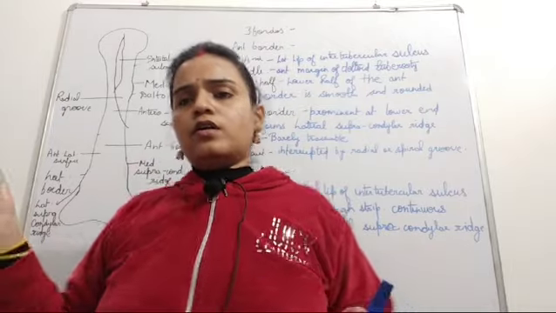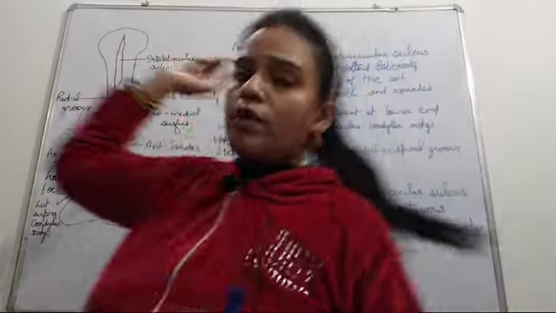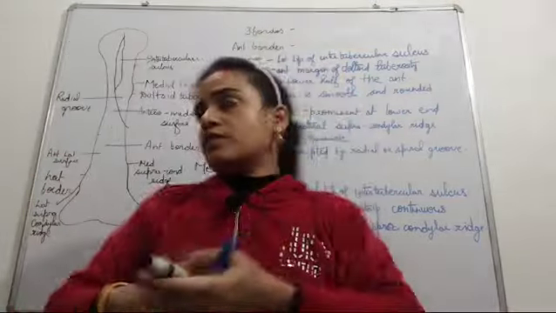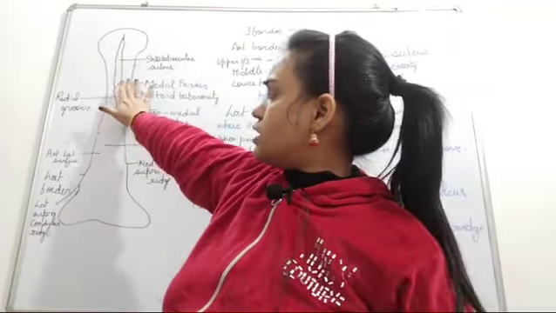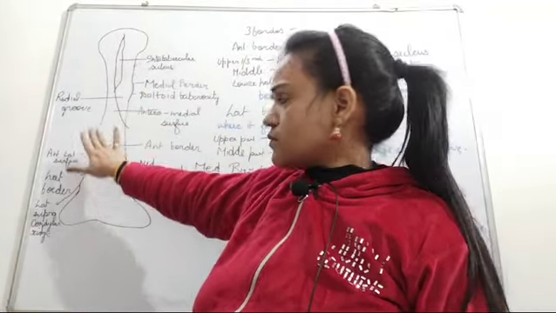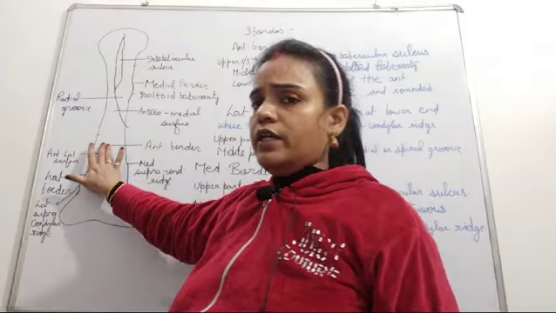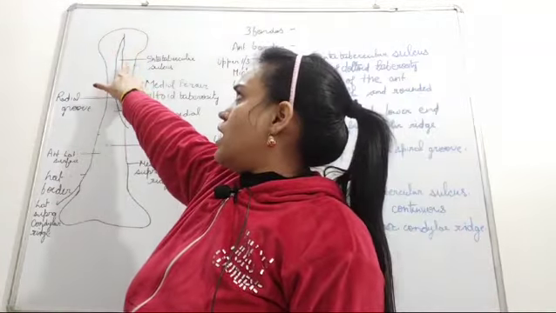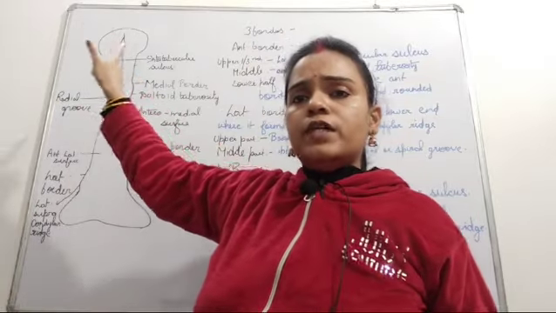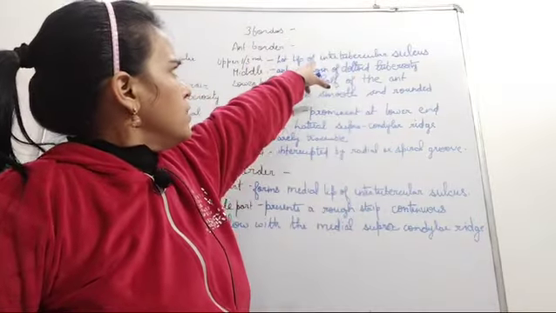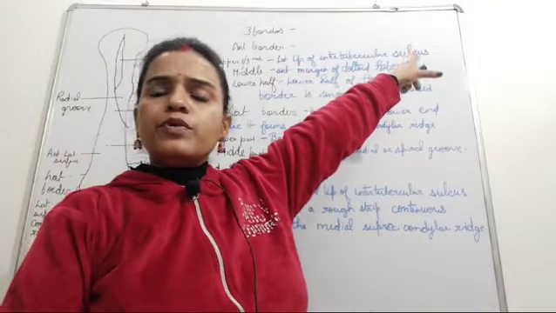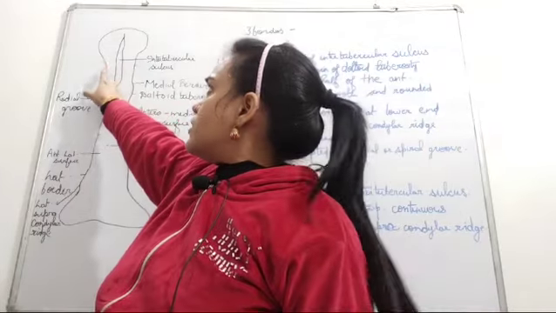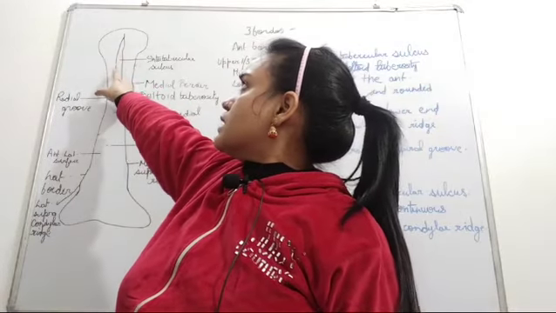So first of all, we were studying about the anterior border. We would also see this anterior border here in the diagram. Anterior border would be lying on the anterior surface. On the upper end, it will form the lateral lip of the intertubercle sulcus.